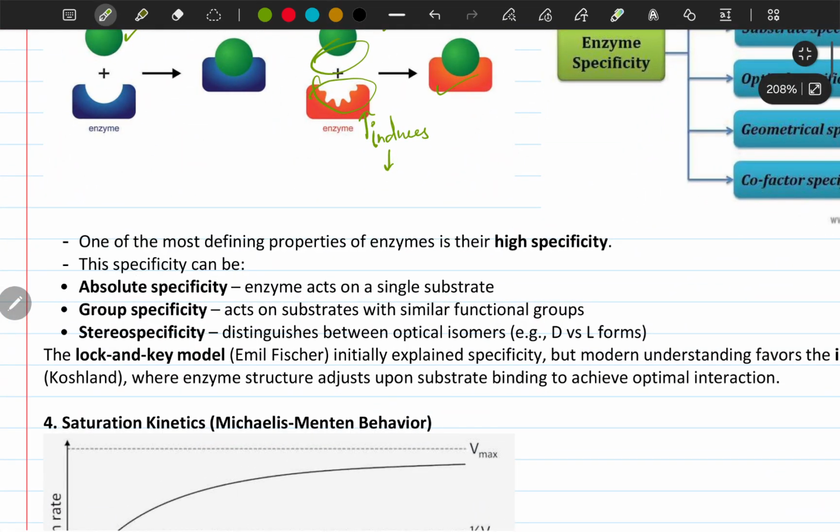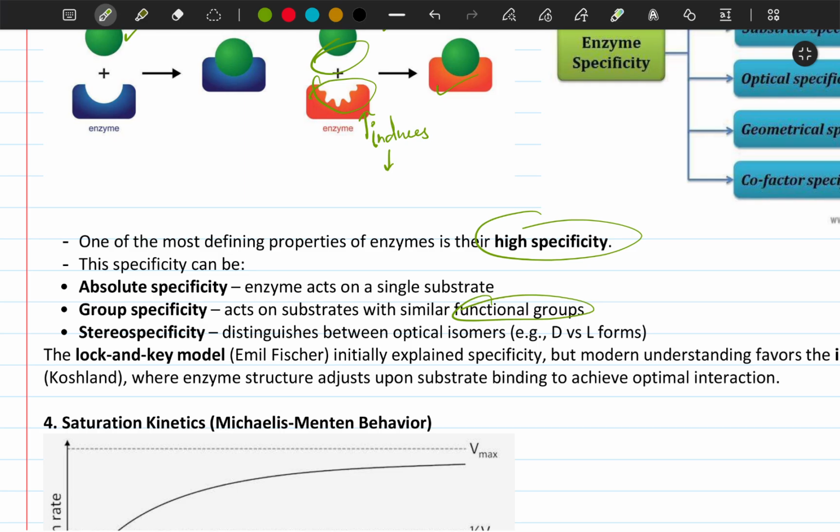Next, one of the most defining properties of enzymes is their high specificity. This specificity can be absolute specificity: enzymes act on a single substrate. Group specificity acts on substrates with similar functional groups. Stereospecificity distinguishes between optical isomers, D versus L form.